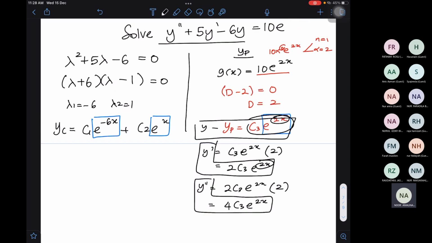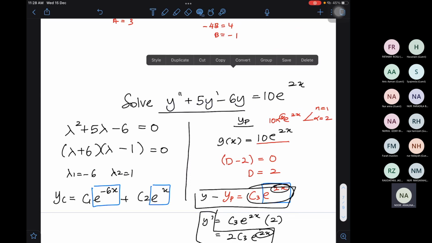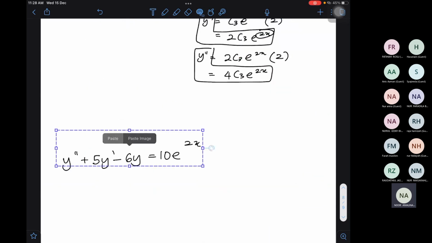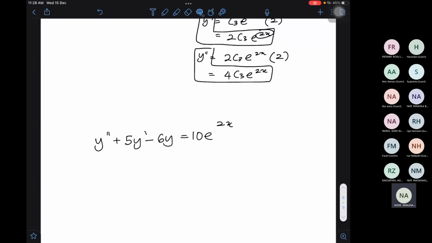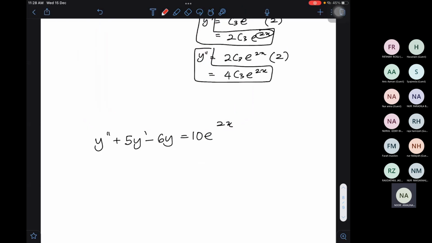So you just need to masukkan dalam you punya differential equation untuk kita cari apa nilai C3 kita. Okay. So your differential equation is this one. So you punya y double prime adalah this one. So kita masukkan. Okay.